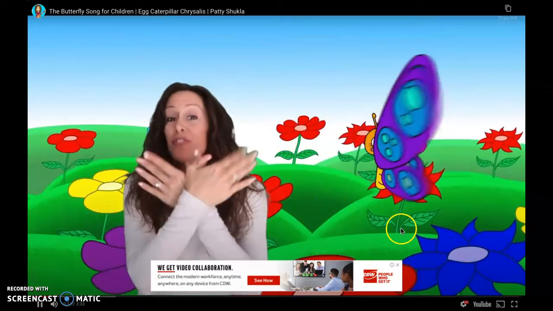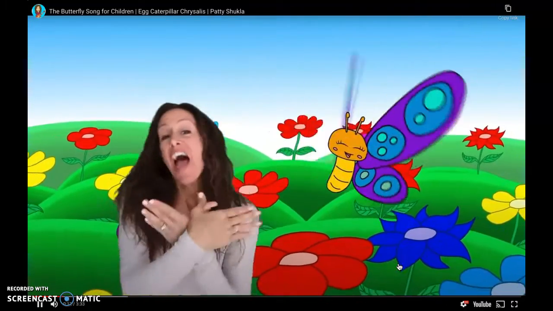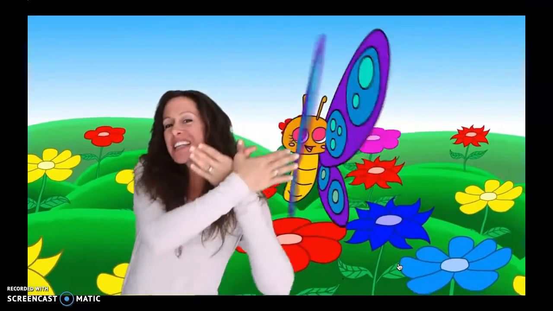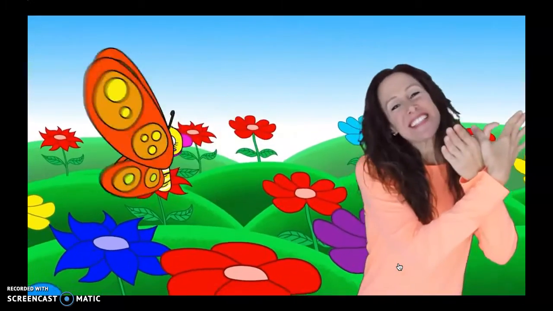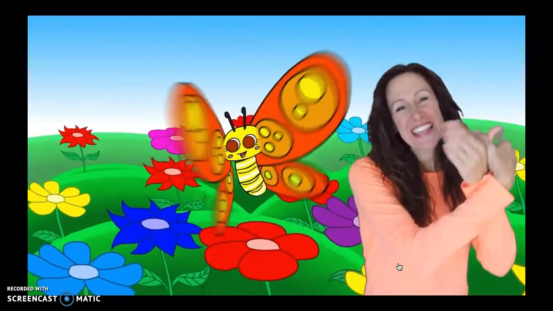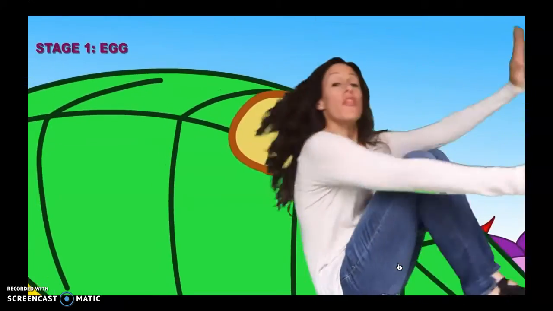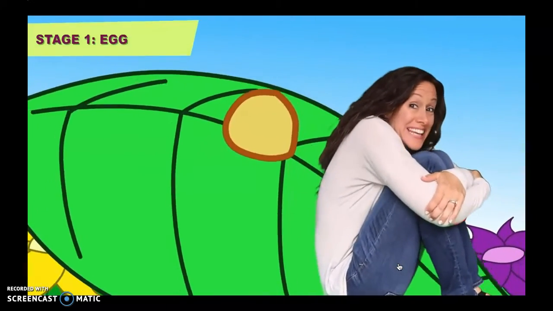This is the butterfly dance. There are 4 stages to the butterfly, and this is the butterfly dance. Sit on the floor and curl up like an egg.